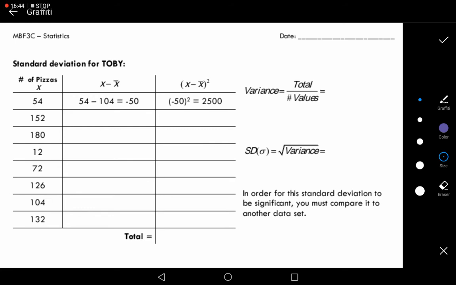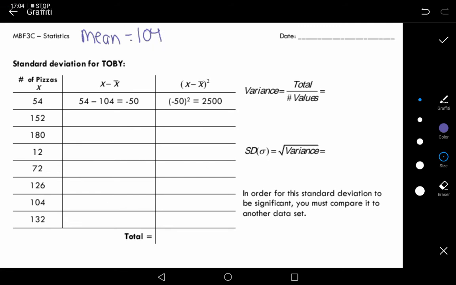Our first step was to find the difference between each value and the mean. We know that the mean is 104. We changed pages, so I'm just going to write that up here. Let me double check, yeah, the mean is 104.